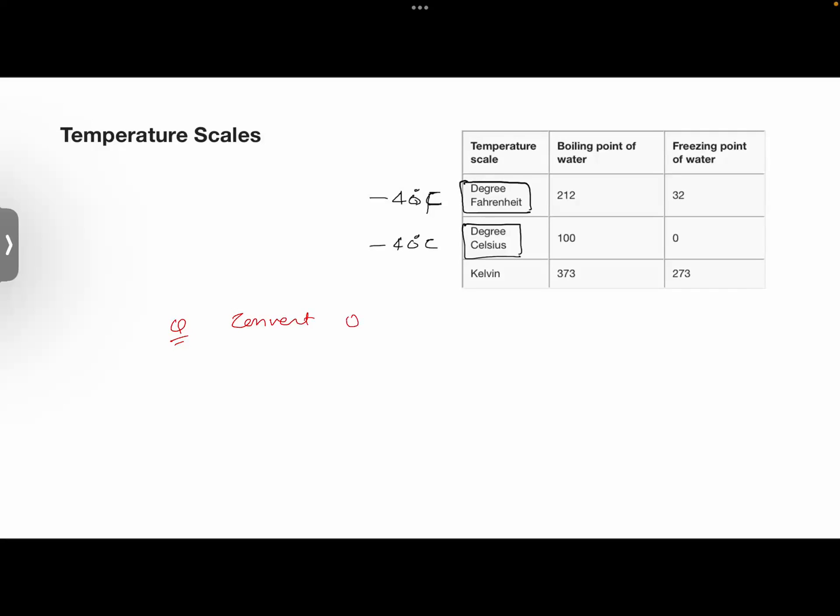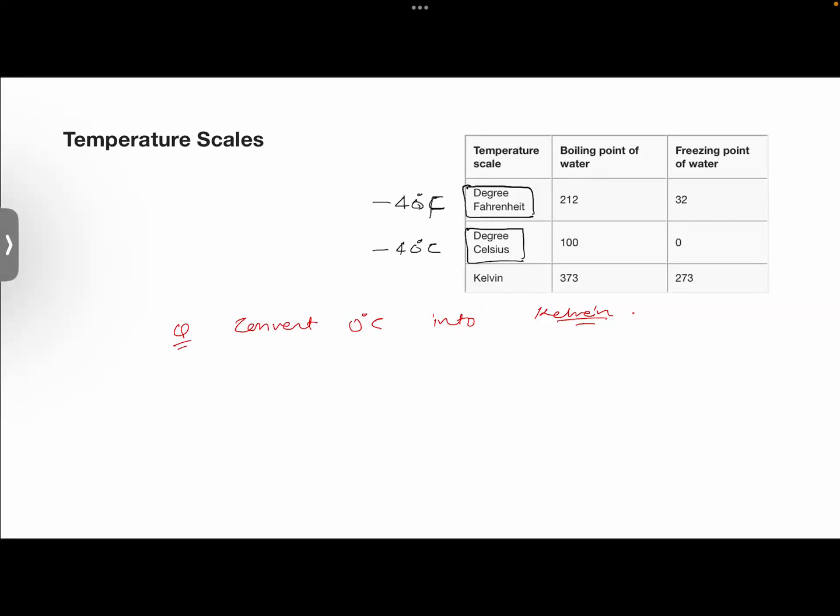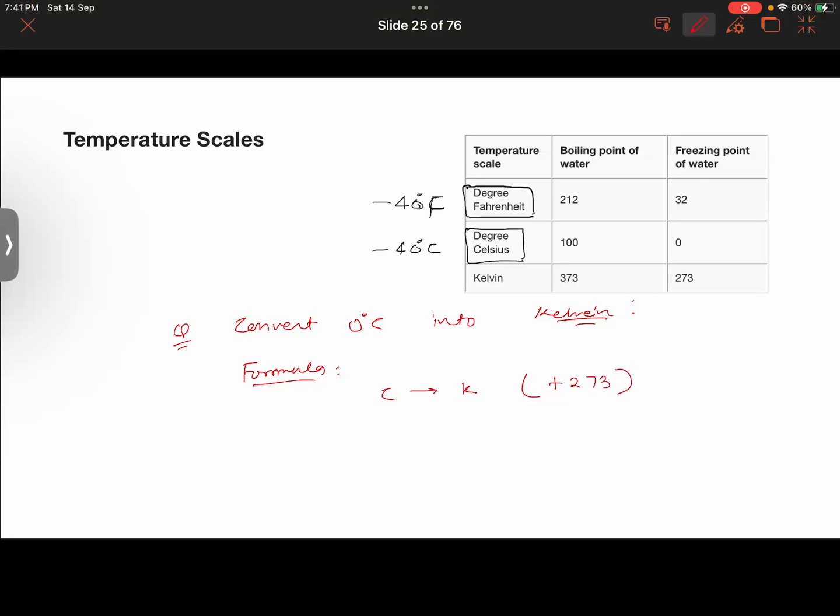Convert 0 degree Celsius into Kelvin, meaning what will be 0 degree Celsius in the Kelvin scale? So the formula here is that to convert from Celsius to Kelvin, we always add 273. Getting it, guys? We have to add 273 to the given temperature in Celsius.